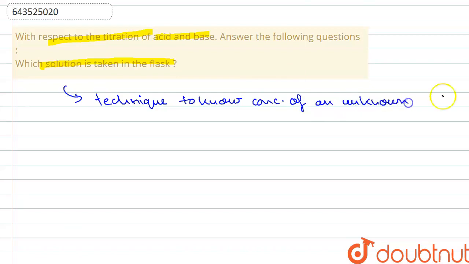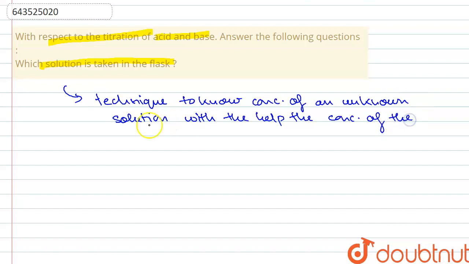So first of all we will see what is titration. Titration is a technique which is used to determine the concentration of an unknown solution with the help of the concentration of a known solution.